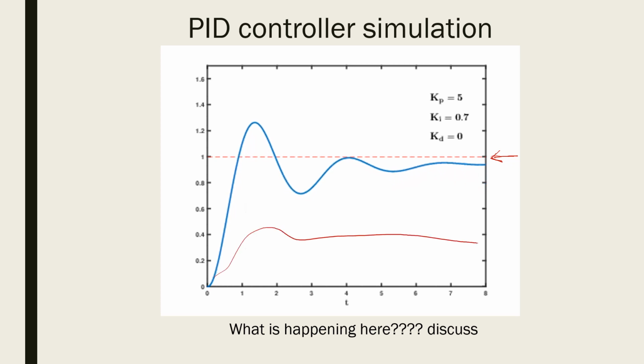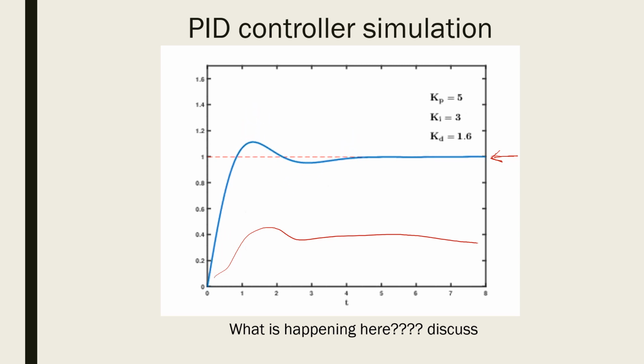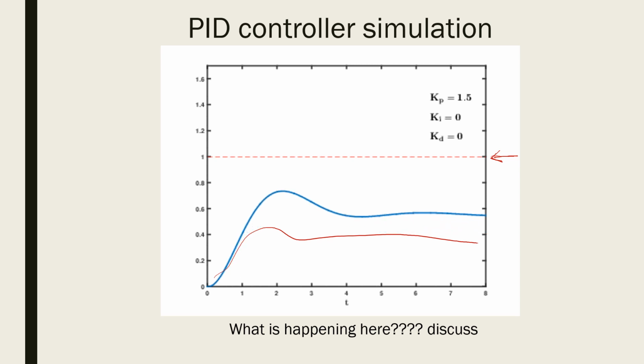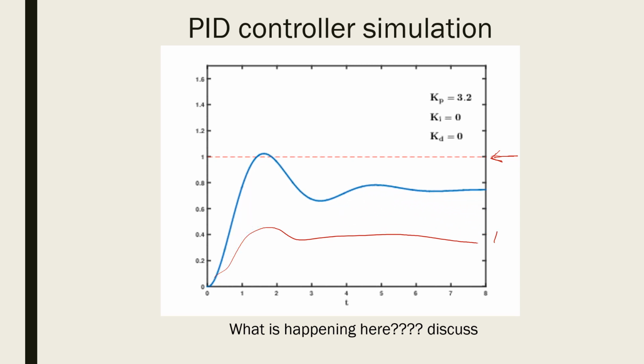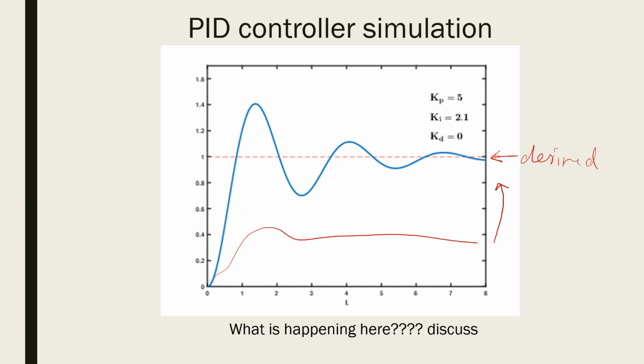So when you increase the value of the P controller, okay, let's wait a little bit. All right, so when you increase the value of P, the signal will become closer to our desired value.